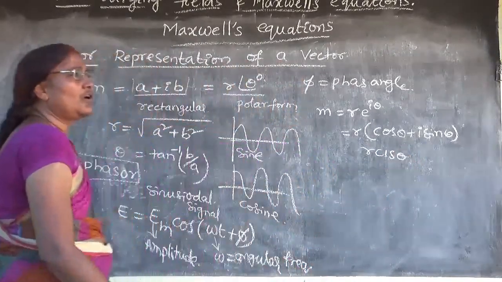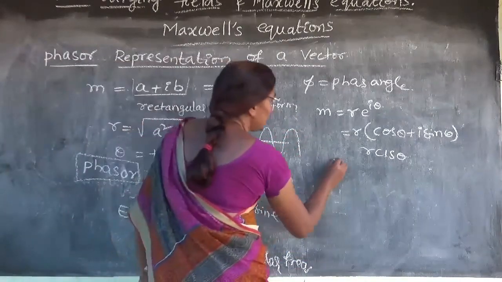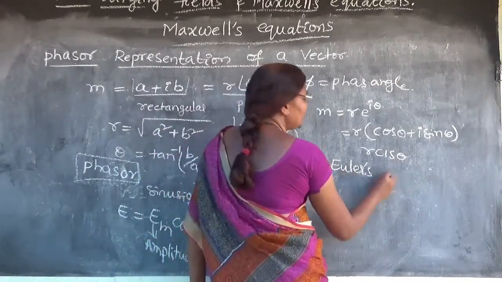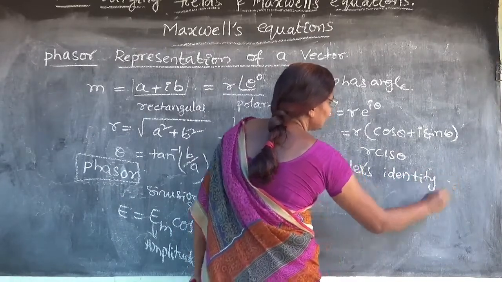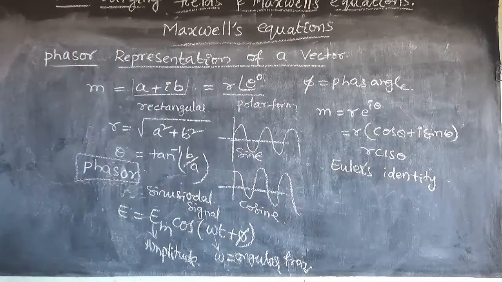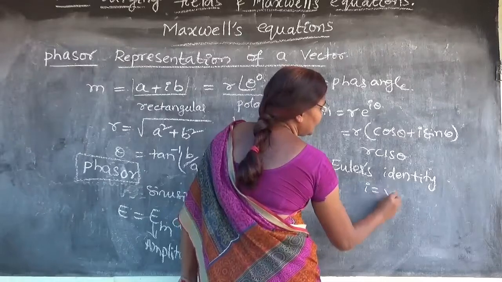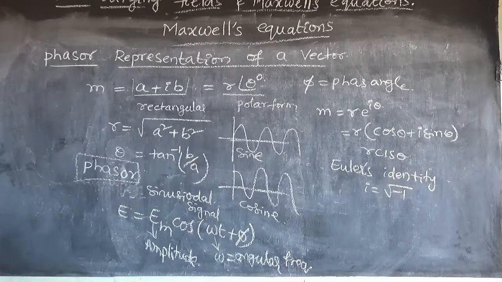This is called Euler's identity. So what is i there? i is an imaginary quantity whose value is root of minus 1.